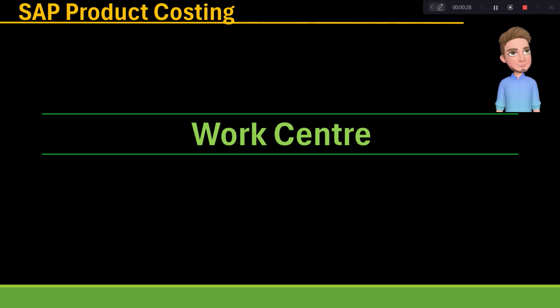Let's say you have a painting workshop. What do you do there? You paint whatever you are producing. Let's say you are producing automobiles, so you spray paint your body. Then there can be an assembly workshop.